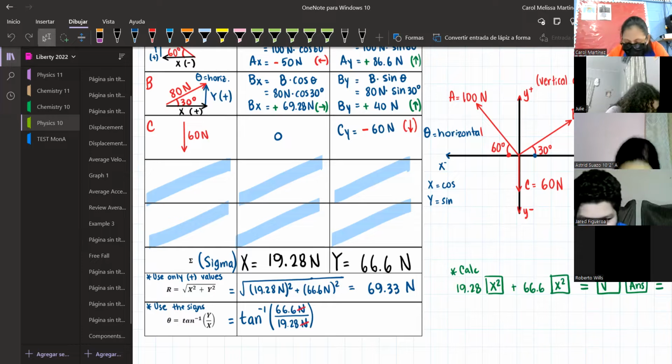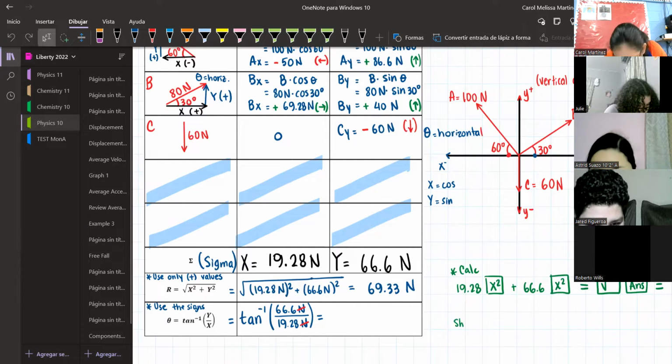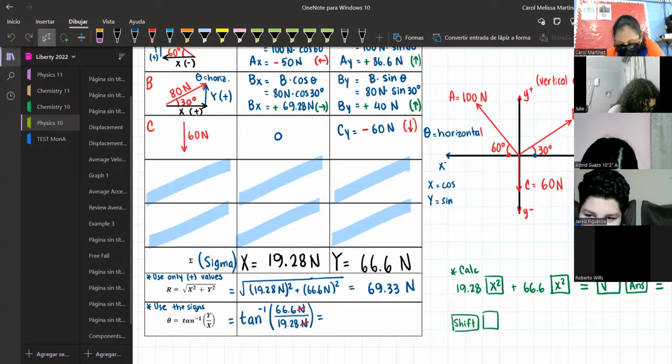Now in your calculator, this is what you're going to do. You're going to press the key shift, and then you're going to press the key tan, okay, shift tangent.